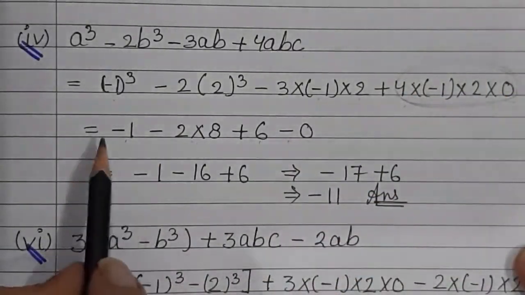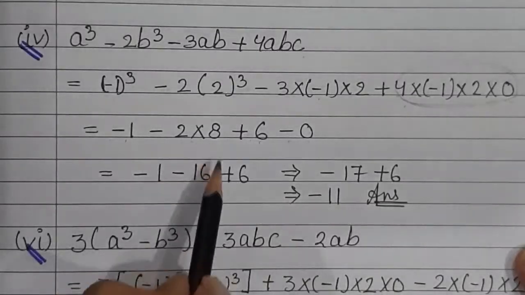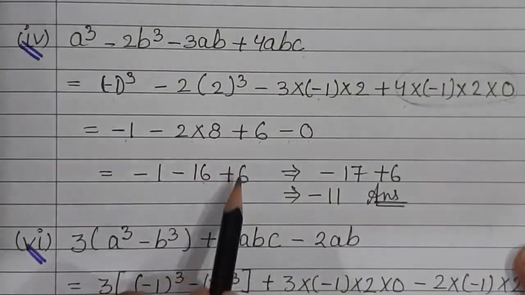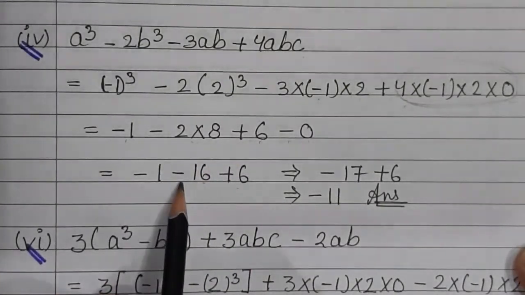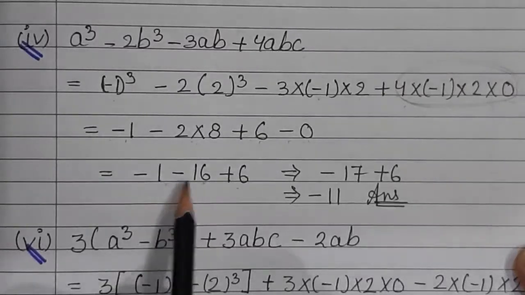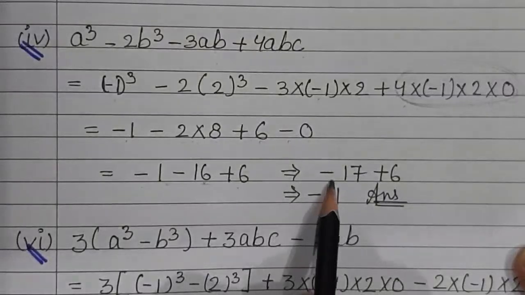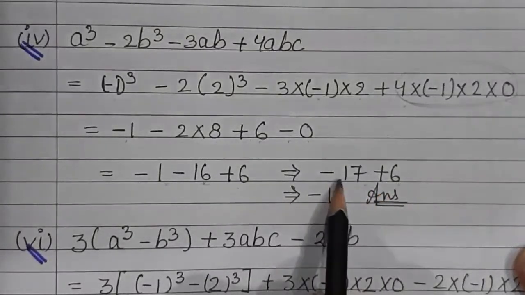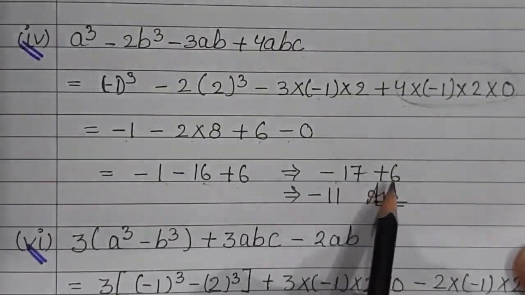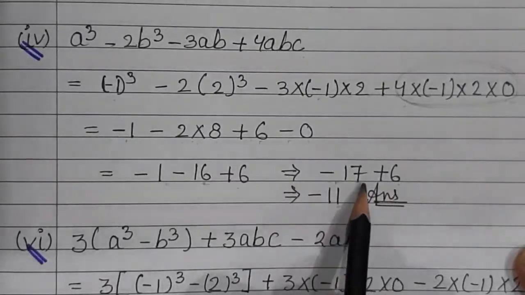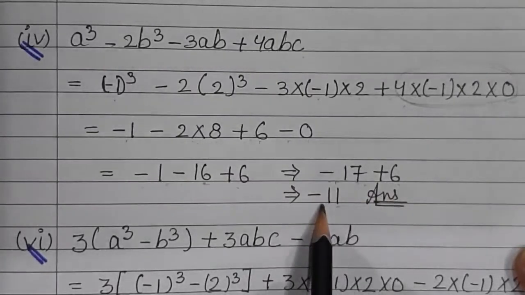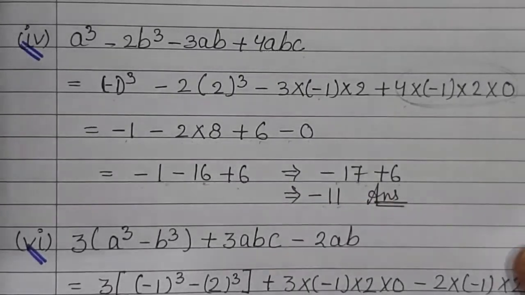Right? Now minus 1, 2 8s are 16, minus 16 plus 6. So minus plus, when we add, 16 plus 1 is 17. 16 is greater, so minus sign, minus 17 plus 6. Minus plus minus, 17 minus 6 is 11. 17 is greater, so minus 11. Clear?